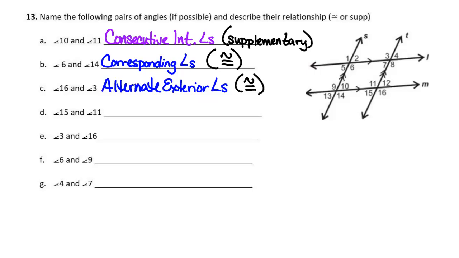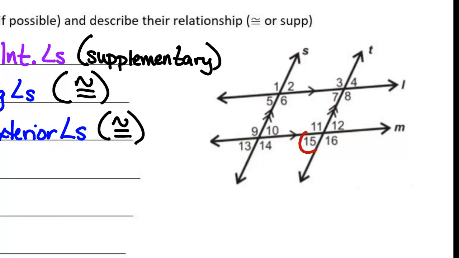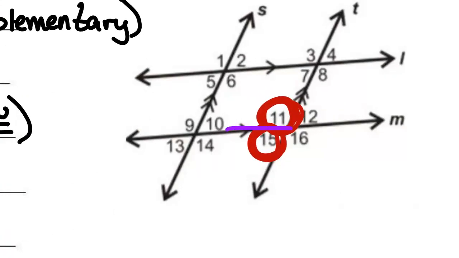All right, 15 and 11. 15 is right here. 11 is right here. What do you notice about those two angles? They do have a name. They are side by side, right? They are right next to each other. They share this side right here.